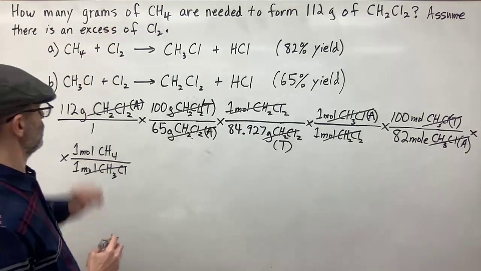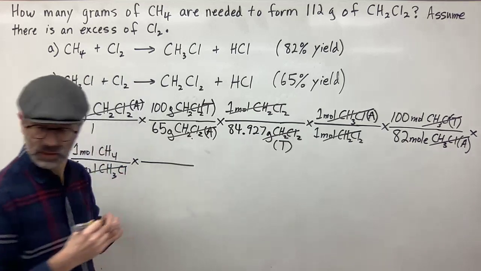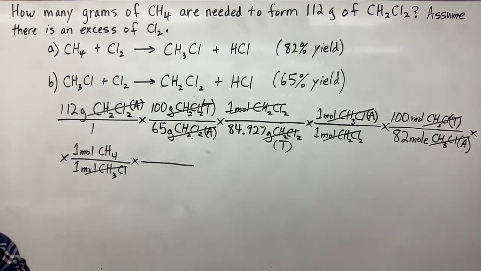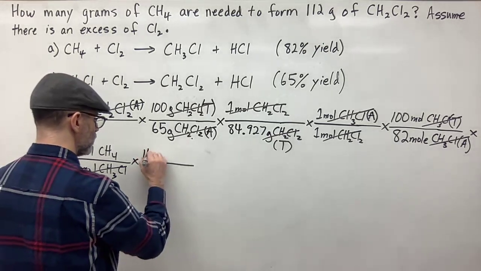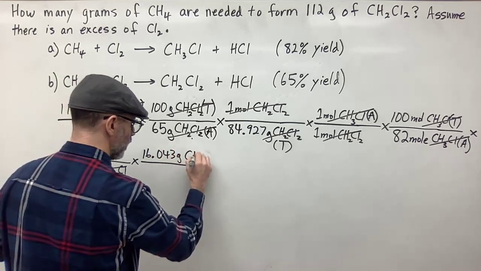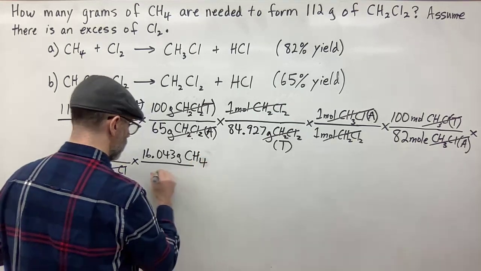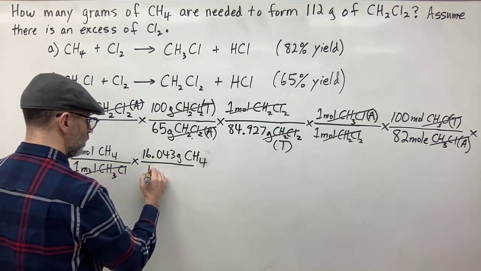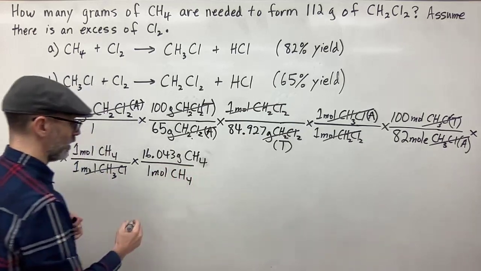They say how many grams? So we're now going to use the molar mass of methane. The molar mass of methane is 16.043, so 16.043 grams of methane over 1 mole of methane on the bottom.